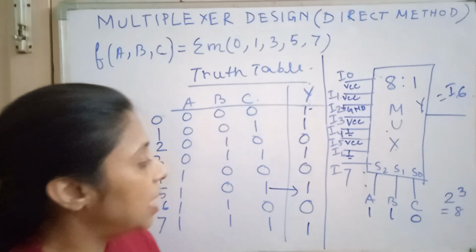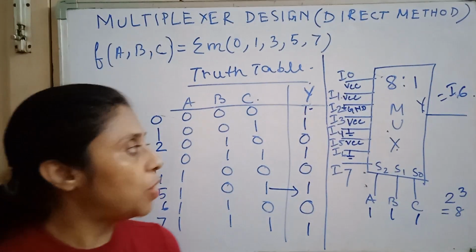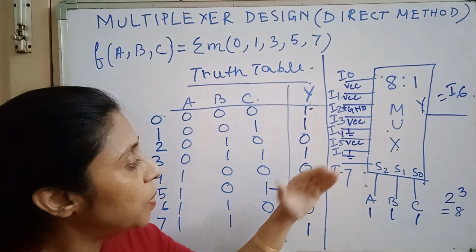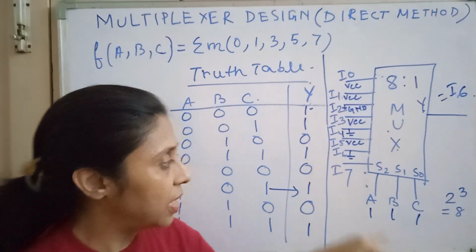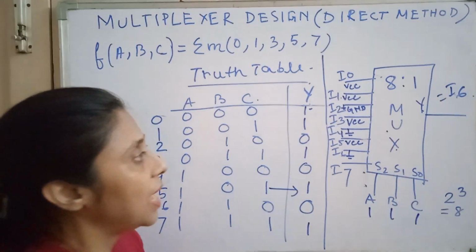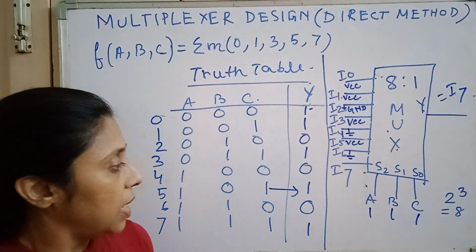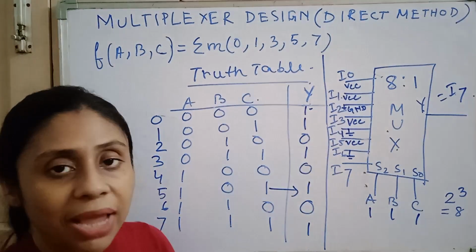Right? Now see, the last input combination is 111. For the 111 input combination, which one input will be selected? 111 means decimal 7. So I7 will be selected and Y is equal to I7, right? So what should be the connection to I7?